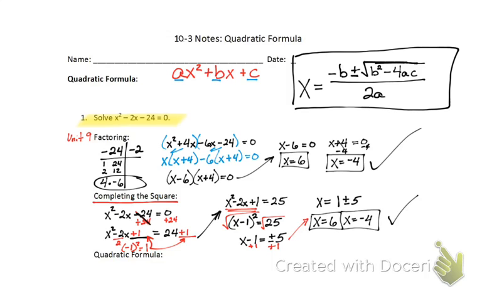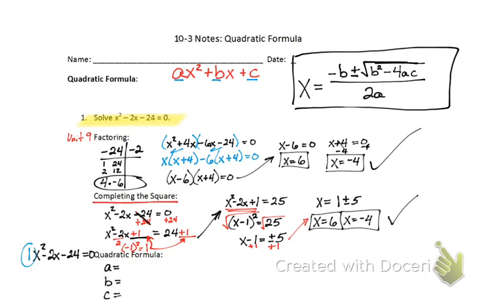So let's practice the quadratic formula here. The first thing I want you to do with the quadratic formula is identify what the a value is, what the b value is, and what the c value is of this original equation, x squared minus 2x minus 24 equals 0. And again, that should not be too difficult to do.